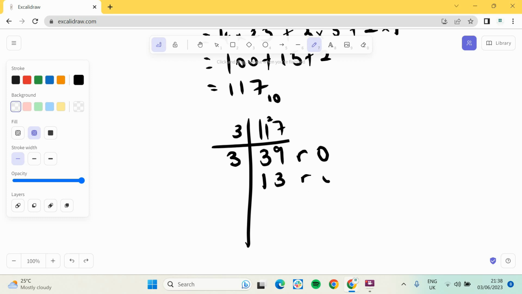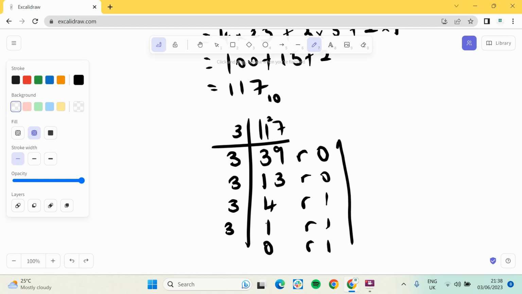So remainder 0. 3 in 13 is going to be 4 because 3 times 4 is 12, right? But the remainder of 1. 3 in 4 is going to be 1 with a remainder of 1. 1 divided by 3 is 0, right, with a remainder of, when you get the 0, just bring down the remainder here, which is 1. So from bottom to top, right, that will give me 1, 1, 1, 0, 0 in base 3.